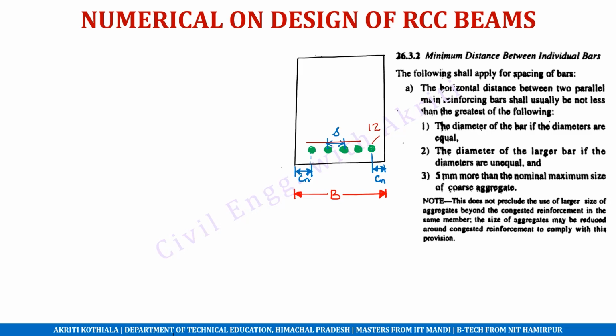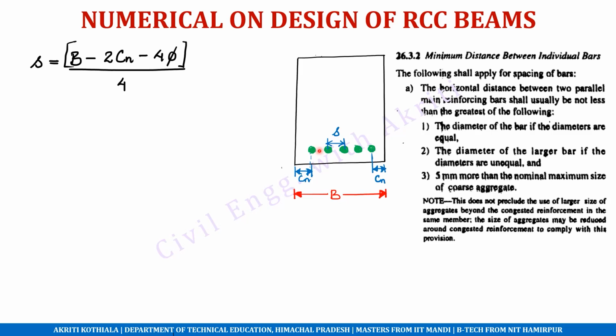This is done when we are trying to design an economical section where we have to optimize the value of steel provided and steel required. So we can provide different diameters of bars, but for the sake of the question, we'll keep it simple and provide the same diameter of bars. And then the third part says that it should be 5 mm more than the nominal maximum size of coarse aggregate which we are providing. So of all these values, we have to provide the greatest.